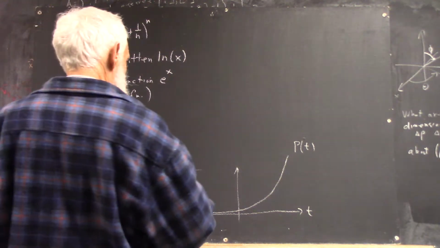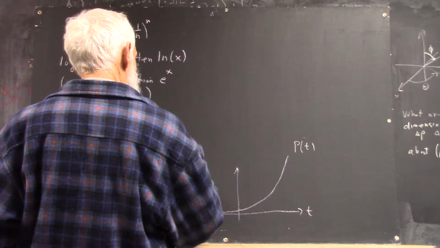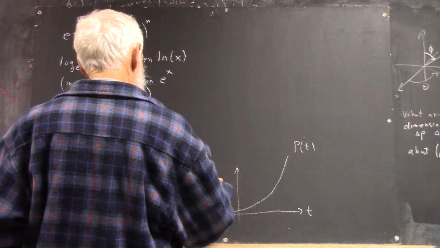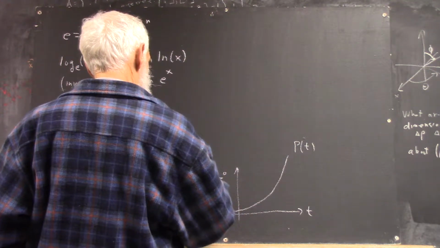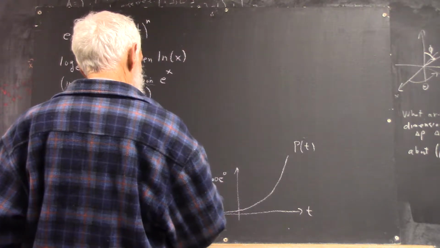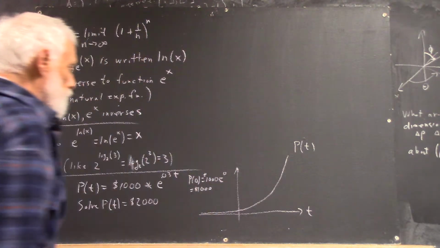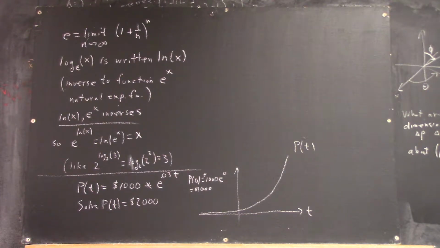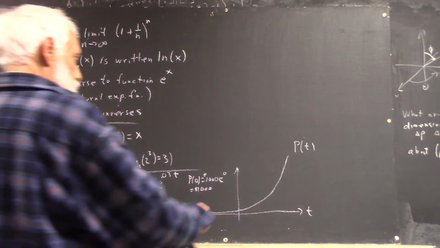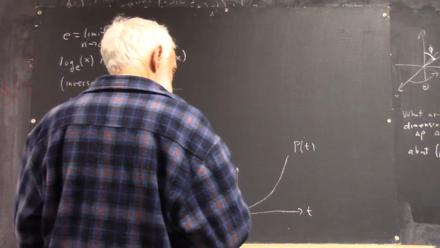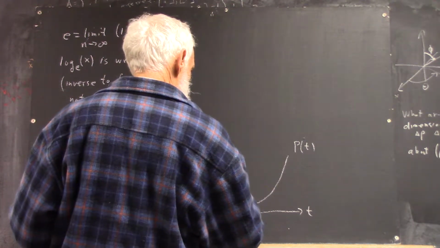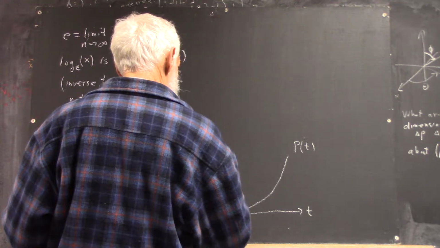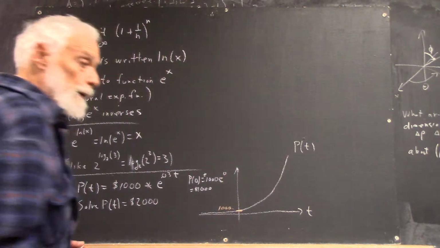So it's $1,000. Well, that tells us that your scale of the graph is going to have $1,000 right here, right?